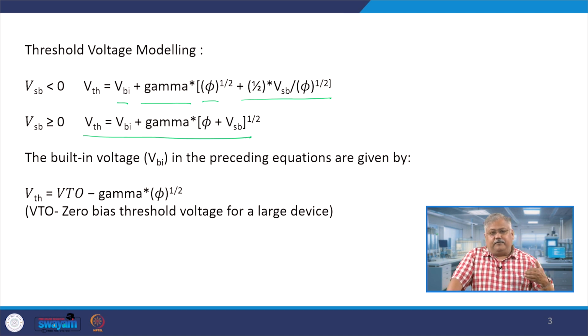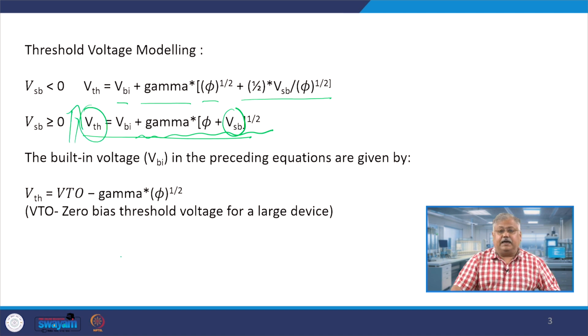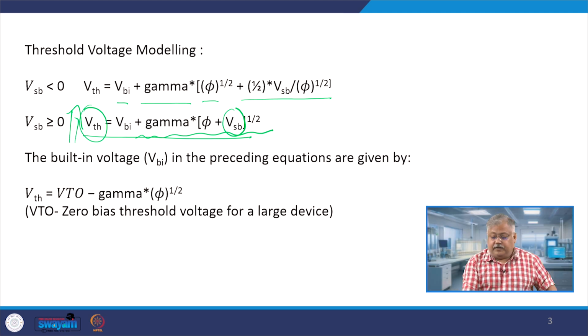As the VSB value goes on increasing, the second term increases, primarily meaning that your threshold voltage will go on increasing, which means that the source to bulk potential is increasing.